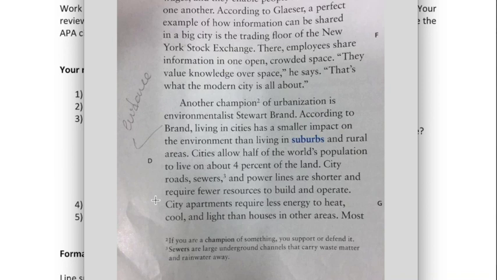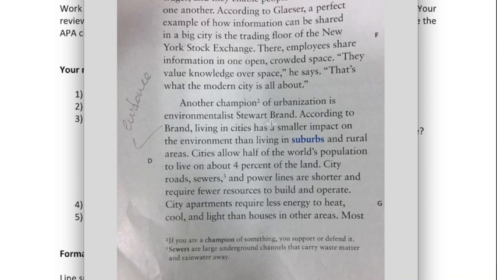So for example, here we have another champion of urbanization, environmentalist Stewart Brand. According to Brand, living in cities has a smaller impact on the environment than living in suburbs and rural areas. So this is an assumption given by this person called Stewart Brand.